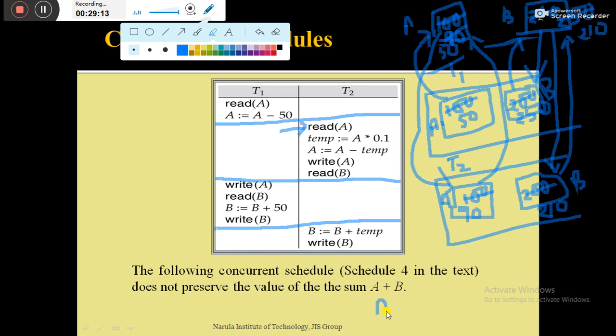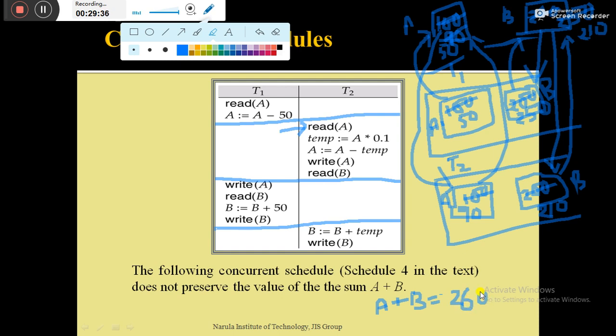Now once both the transactions have completed execution, let's check what is the sum of A and B. Now A plus B equals what? Current value of A is 50 and the value of B is 210. So 50 plus 210 means we will get 260.